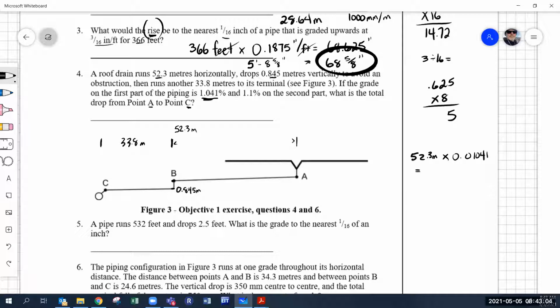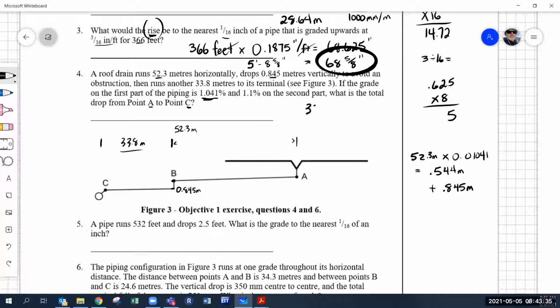So let's do that: 52.3 times 0.01041. And that is 0.544 meters, the first drop. And then we're going to add the 0.845 meters to that.